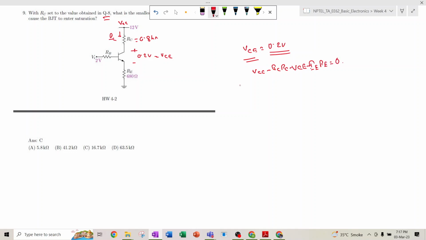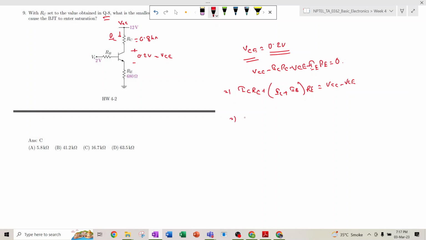If we take IC common, we get ICRC plus IE, meaning IC plus IB, into RE, equal to VCC minus VCE.